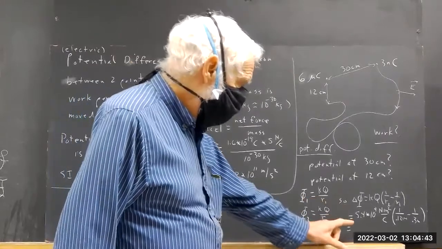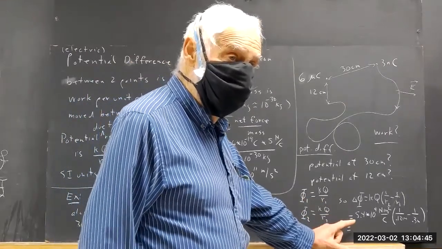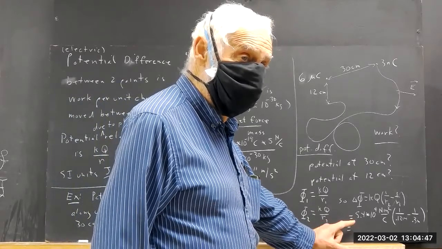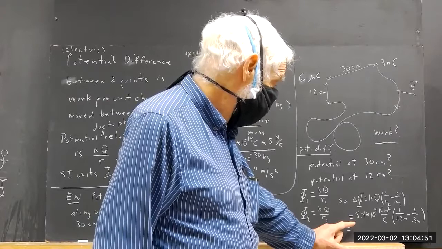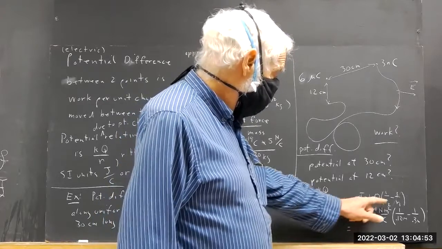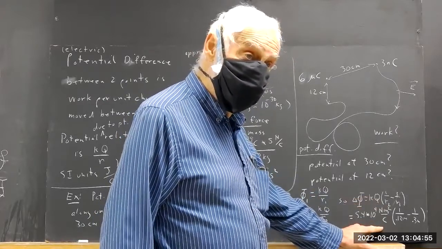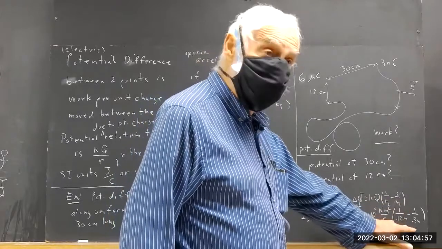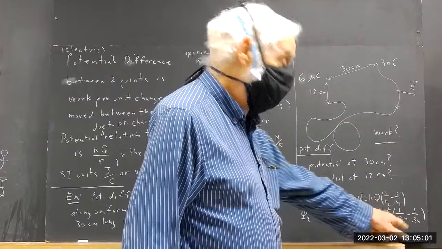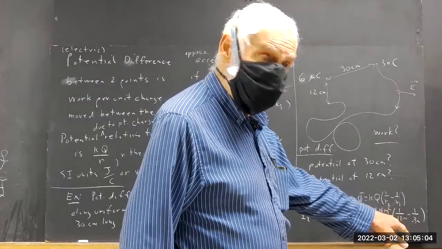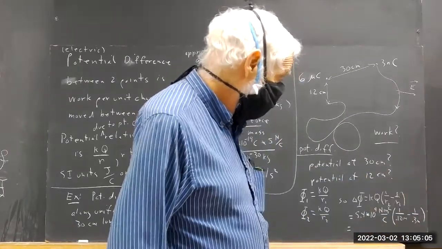But what are the units of this calculation going to be? You've got Newton meter squared per Coulomb here, and you've got meters in the denominator over here. That's going to give you Newton meter squared per Coulomb divided by meters. The difference in these reciprocals is the reciprocal meter.